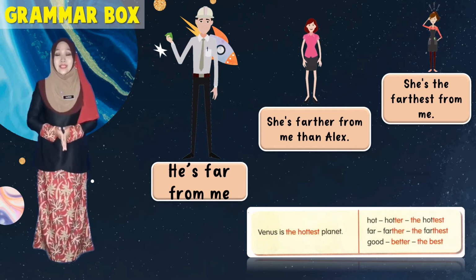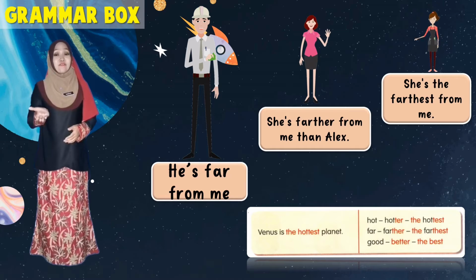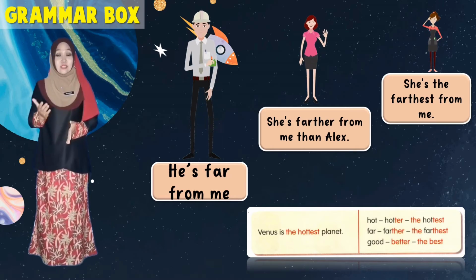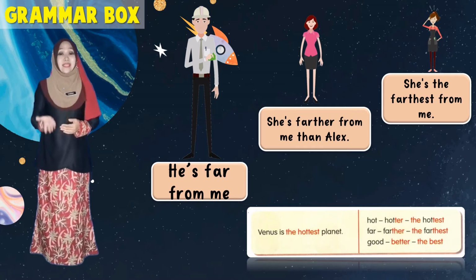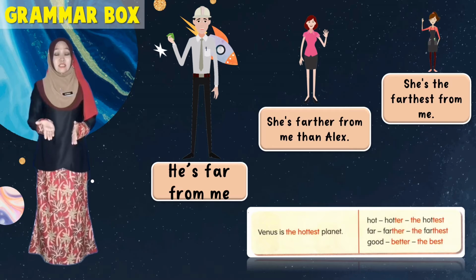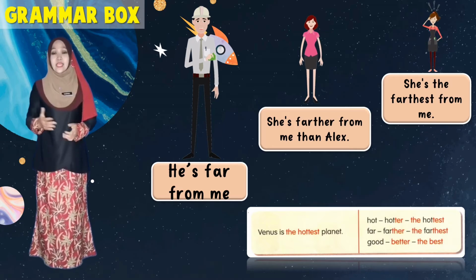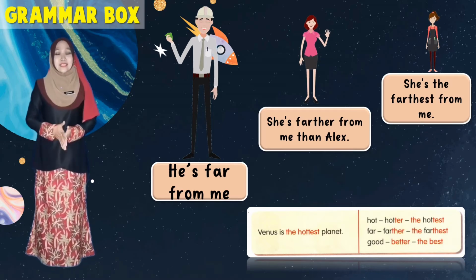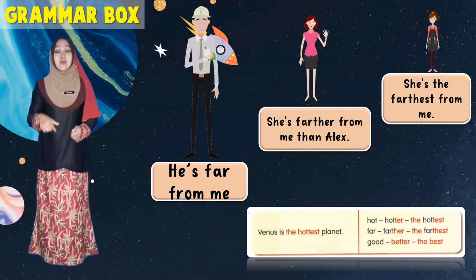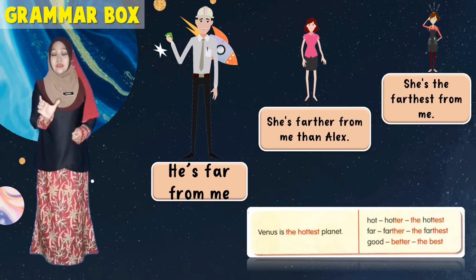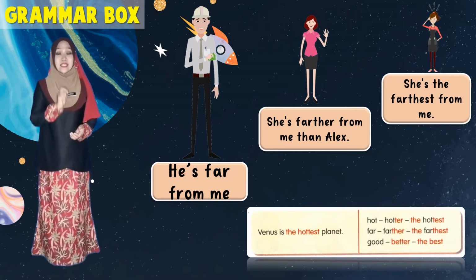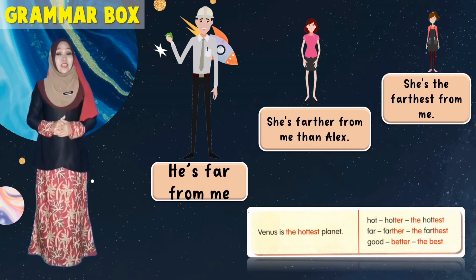And the last one, the adjective good. The comparative adjective for the adjective good is better, and the superlative adjective for adjective good is the best. Here it's the same. We write the word the before the adjective, and we can see est at the end of the adjective.